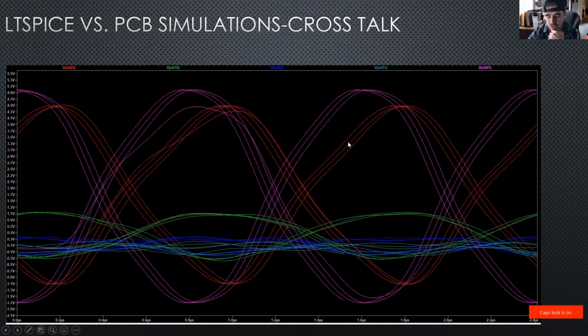The red waveform is the crosstalk at line 1. The green waveform is the crosstalk at line 2. The blue waveform is the crosstalk at line 3. And the cyan waveform is the crosstalk at line 4. As you can see, as you go down through each line, the crosstalk gets worse and worse because the eye height and the eye width decrease.